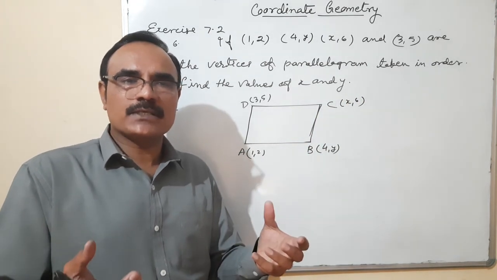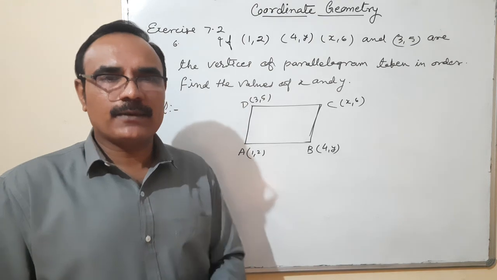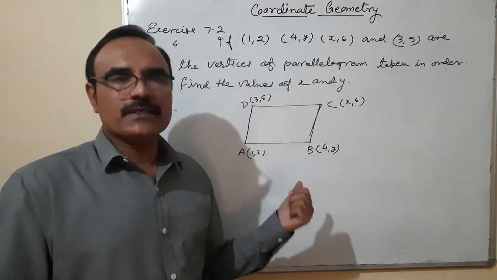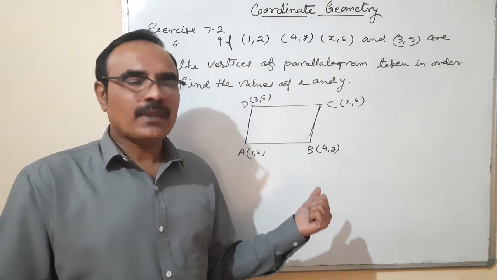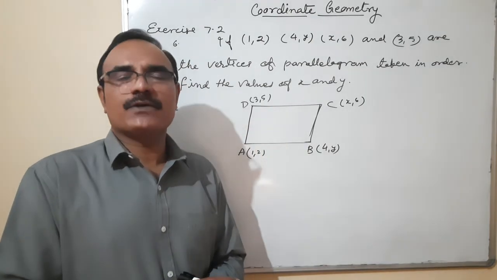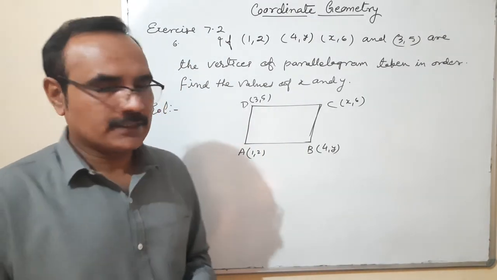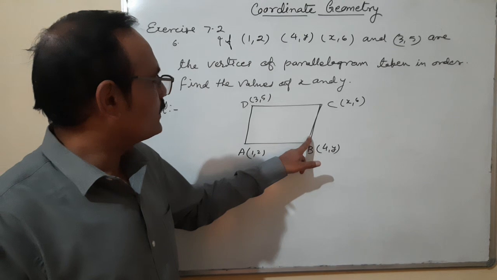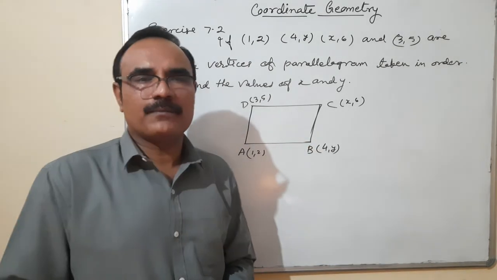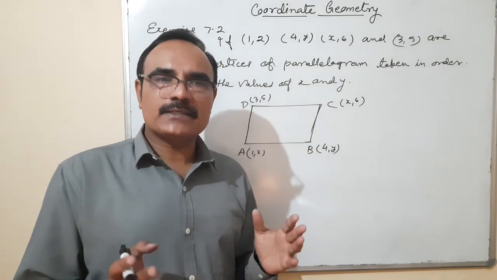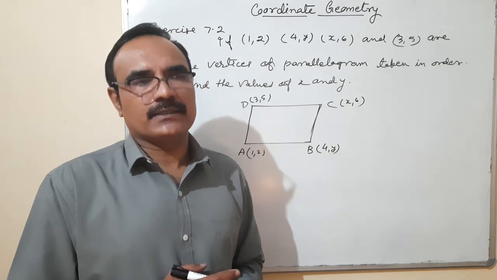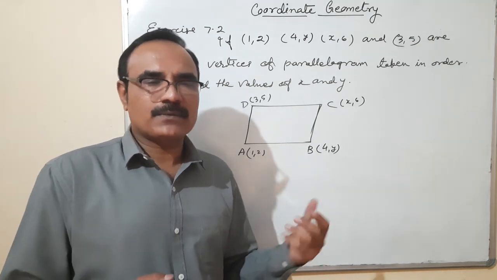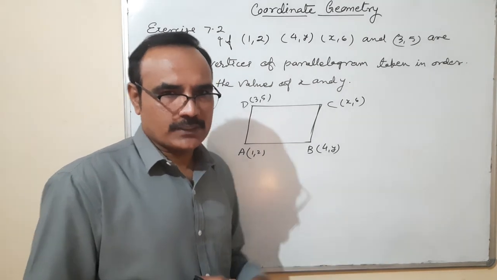After calculation we find the values of x and y. But this method is not so easy. It's not so simple. It may be that the values come in the form of a quadratic term or some difficult term. Second way, we know another property of a parallelogram, that the diagonals of a parallelogram bisect each other. So that is, I think, the best property to be used here, especially for this question.